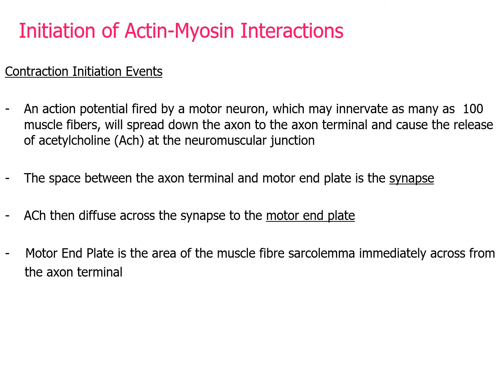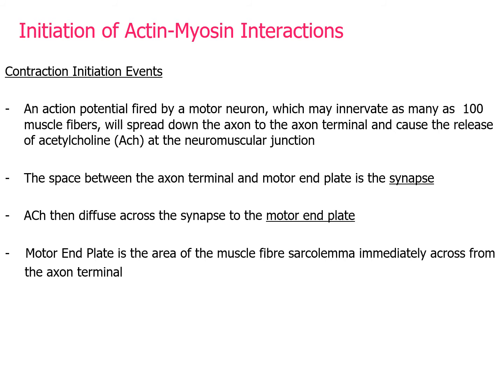On the other side of the synapse, where the axon terminal comes in, the area on the sarcolemma, in other words, the cell membrane of the skeletal muscle fiber, is called the motor end plate.